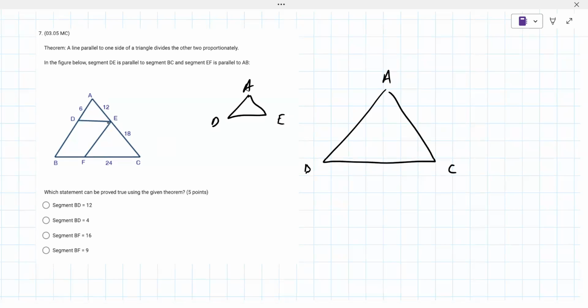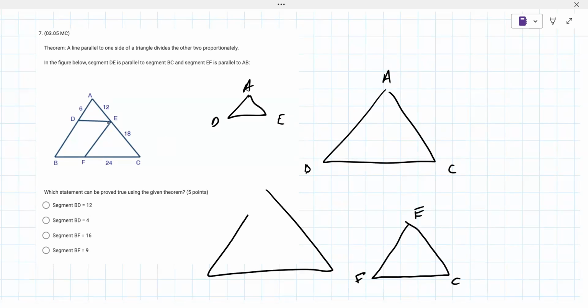That's option one, or it's triangle CEF to CAB. Sometimes it's good to label them. So this is 18 and 30, and this is 24, and AC is 30. We know that AD is 6, and that's 12.